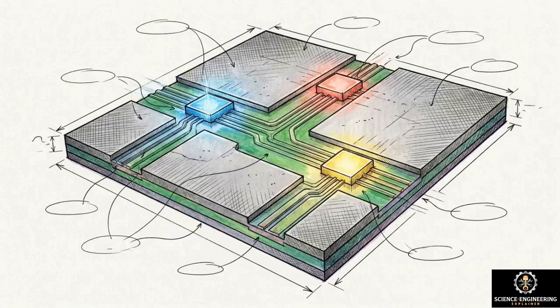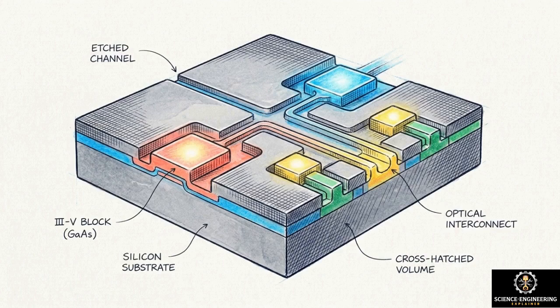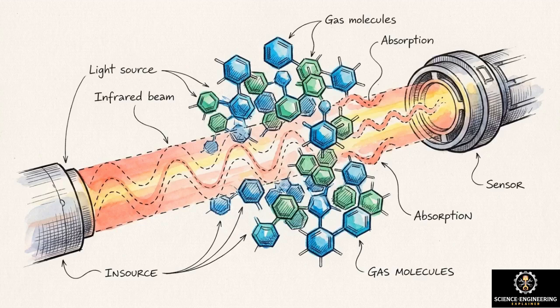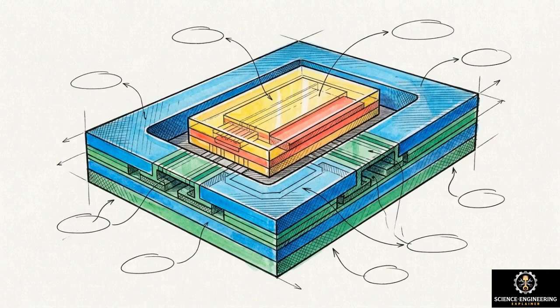This method minimizes the waste of expensive III-V compounds, placing them only where optical gain is needed, while utilizing the silicon host wafer for passive optical routing. This is applied to the 2 to 3 micrometer mid-infrared spectral range, which is critical for sensing environmental gases and biomedical markers. Engineers are transferring gallium antimonide active gain chips directly onto silicon-on-insulator host platforms.